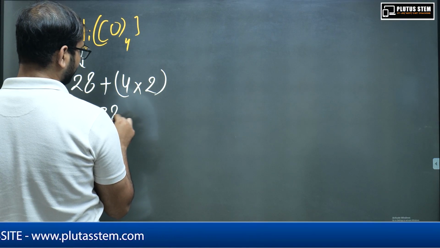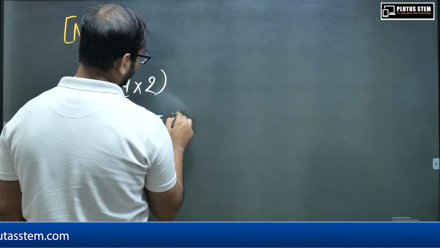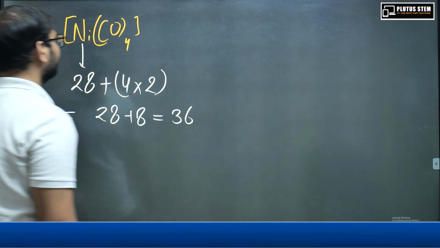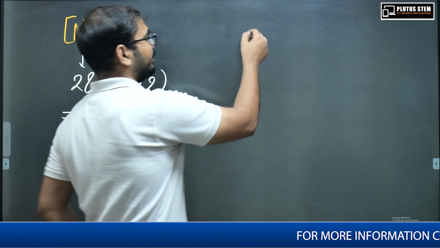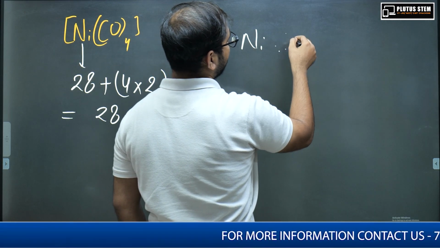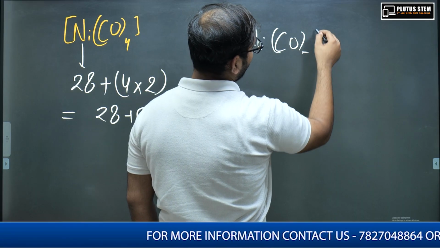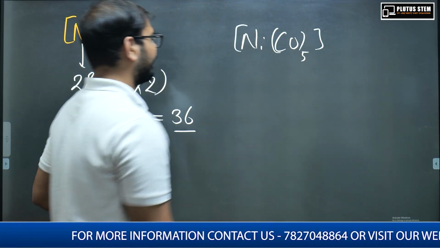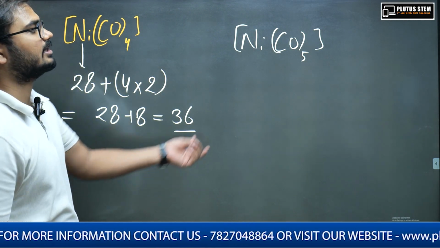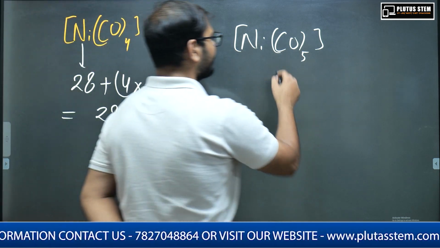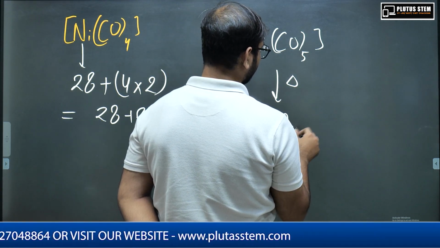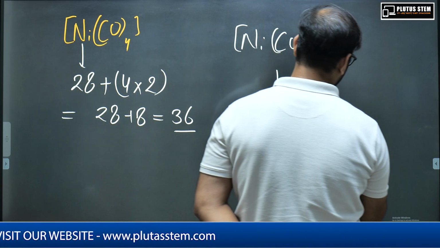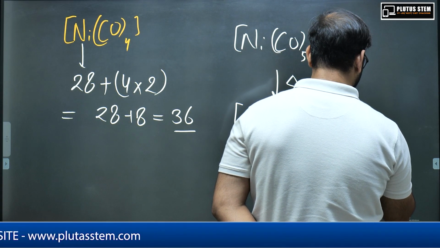It is 28 plus 8, which gives us a total electron count of 36. That proves that Ni(CO)4 does exist, but Ni(CO)5 does not exist because it violates the EAN number. Hence, the stability of this complex is very low, and if you simply heat it, it will decompose to give you a stable complex, removing carbon monoxide as a gas.